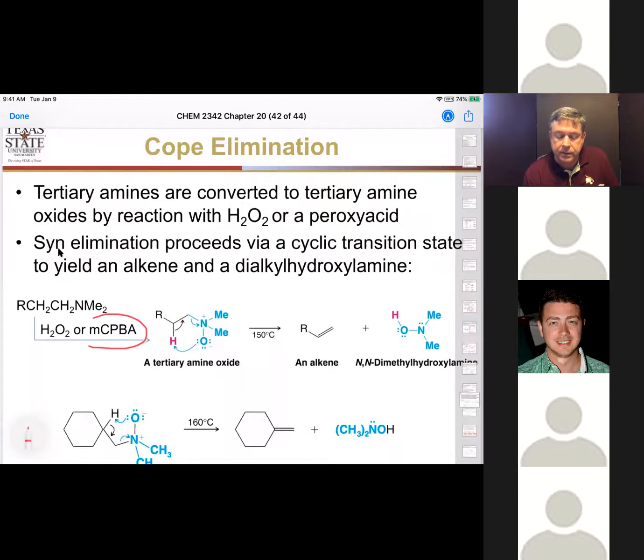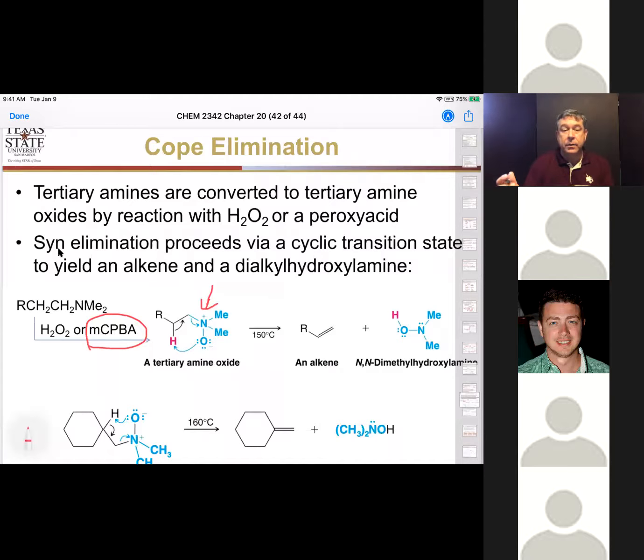That's what this is, mCPBA. What we're doing is creating an N-oxide. When you make an N-oxide, you're generating a positive charge on nitrogen, so when it eliminates, it leaves as a neutral species, and it becomes a very good leaving group.